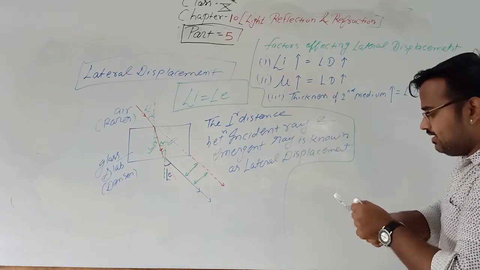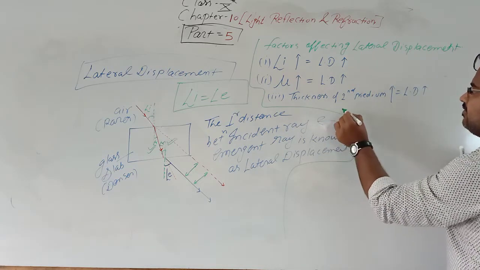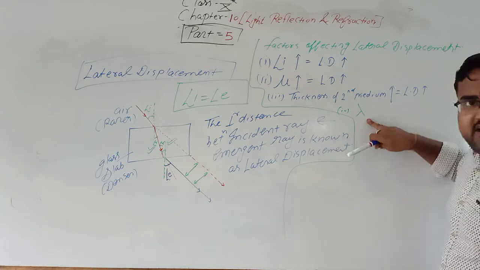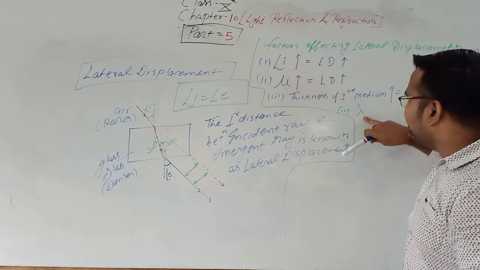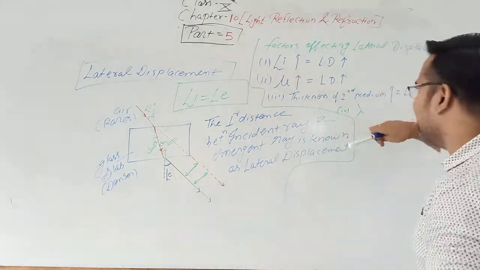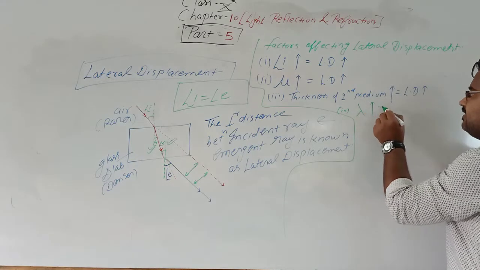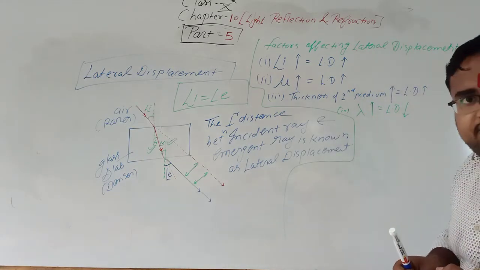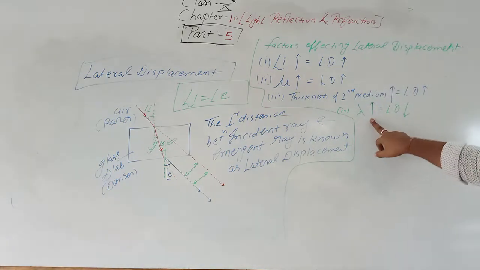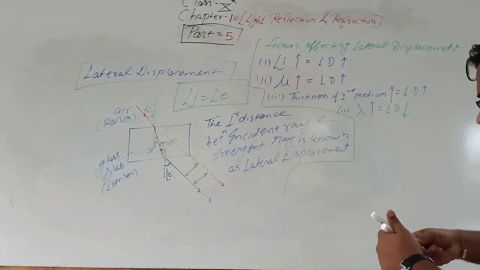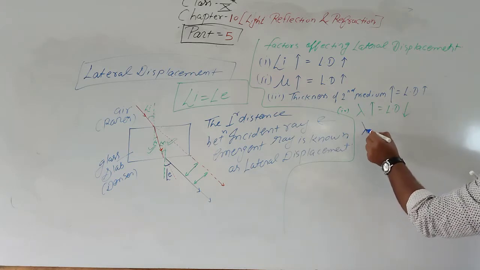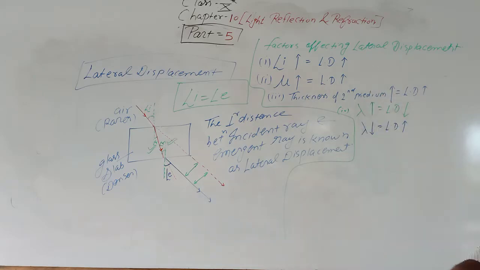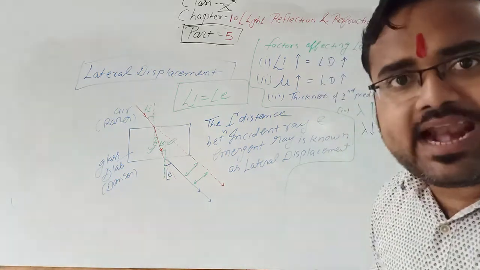And the fourth factor is, if the wavelength of the incident ray is high, the lateral displacement would be low. Or we can say if the wavelength is less, the lateral displacement is high. These are the four factors which affect the lateral displacement. You can write in your notebook.